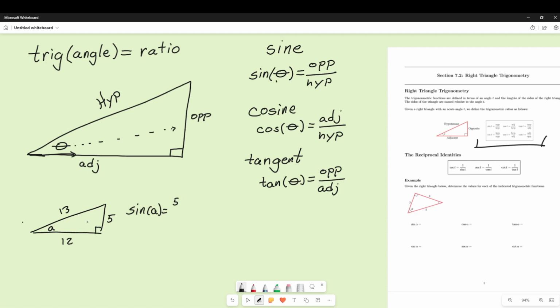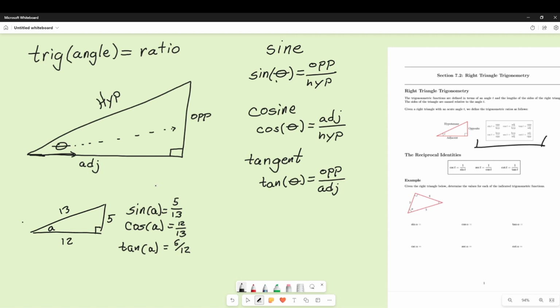Hypotenuse is always opposite the right angle, so the hypotenuse is 13. Cosine of A would be the adjacent 12 to 13. Tangent of A would be the opposite of A, 5 over 12, the adjacent.